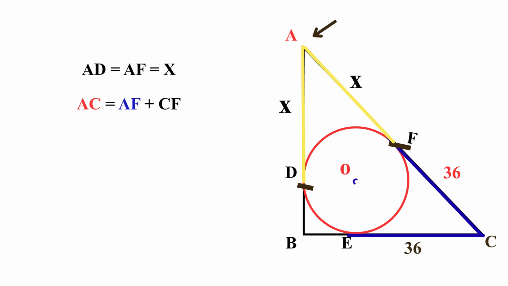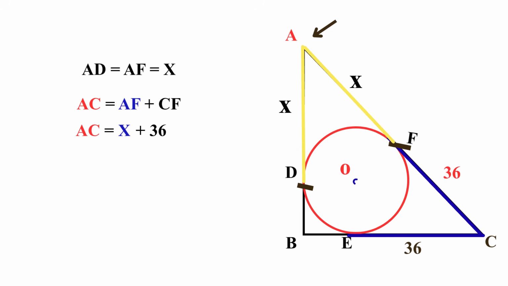Notice that it's made up of two segments, AF and CF, where AF equals x units, the tangent from A, and CF equals 36 units, the tangent from C we found earlier. By adding these two, we get the total length of AC. So the total length of AC equals AF plus CF, and it equals x plus 36.